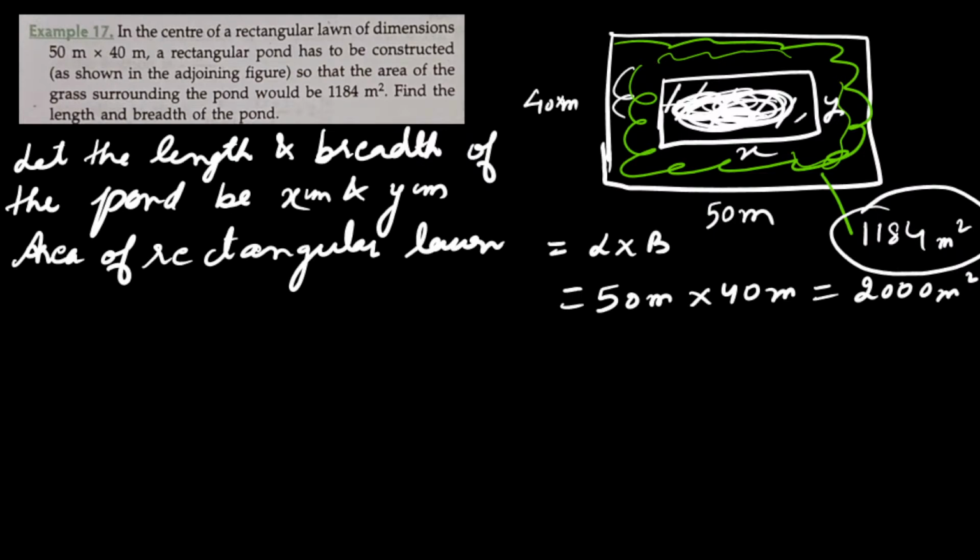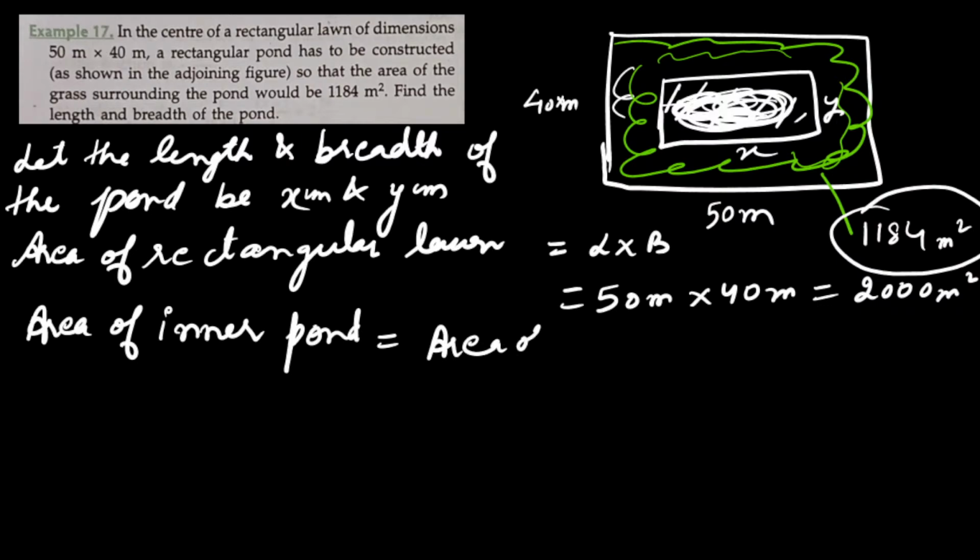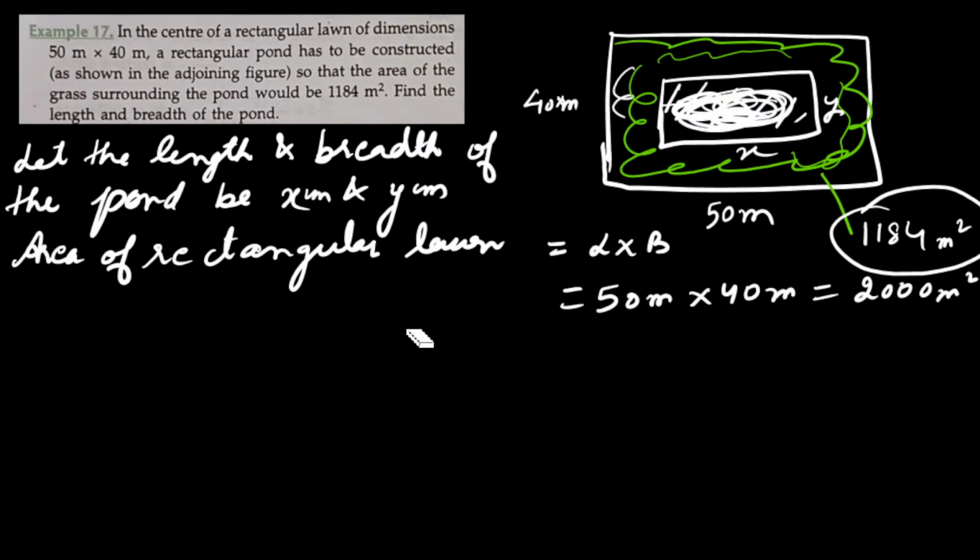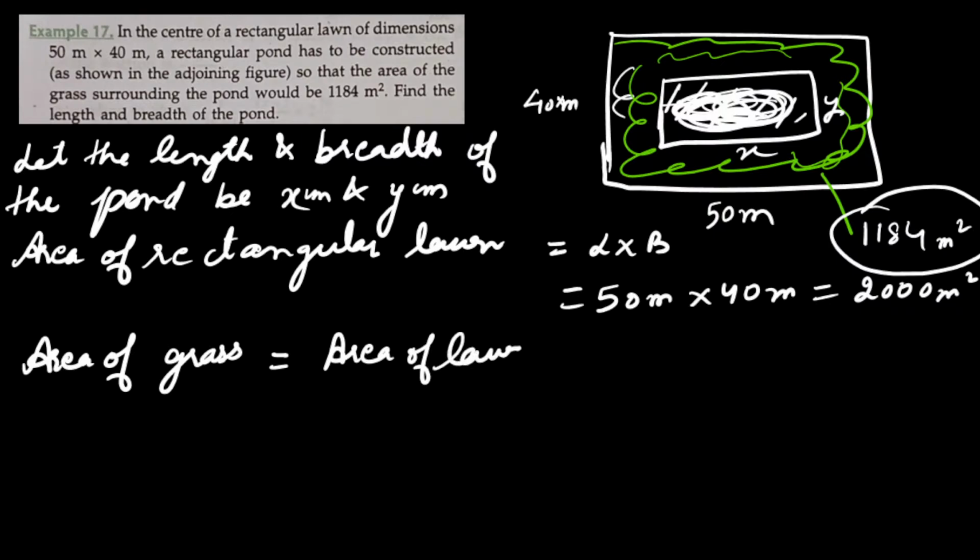By subtraction. Area of grass is equal to area of lawn minus area of pond.